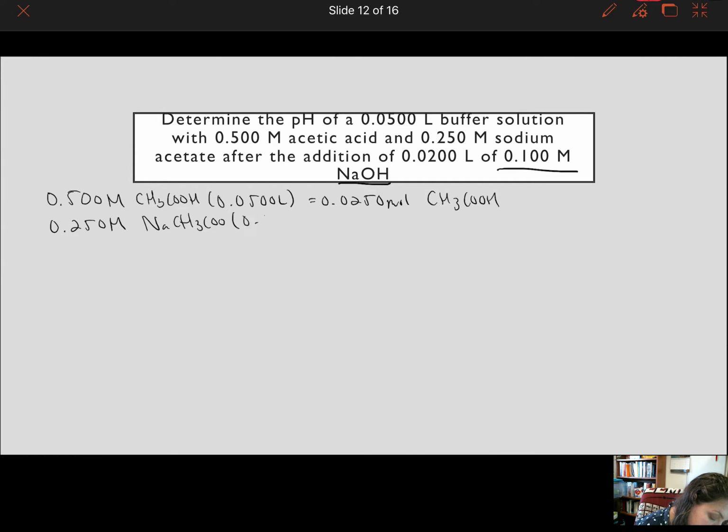We still have that same volume for our buffer solution, giving us 0.0125 moles of our sodium acetate.